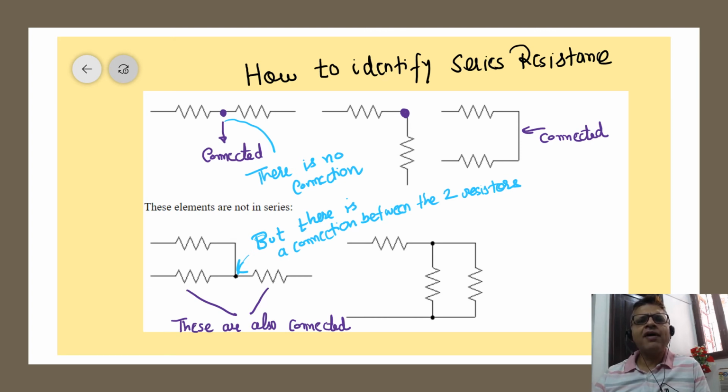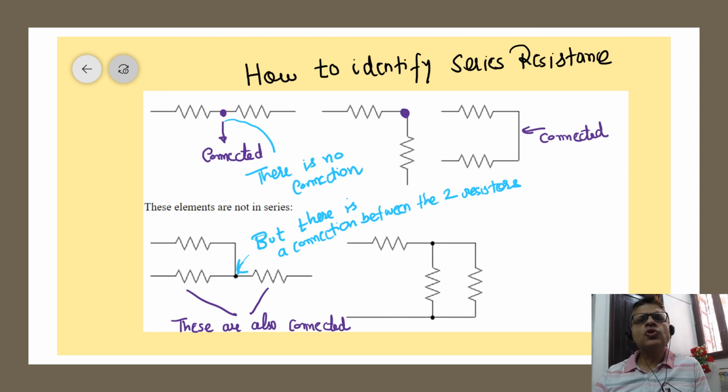So whenever you have an extra connection coming out of the point of attachment of the two resistors, it is not a series resistor. But if the resistors are connected one after another, and at the point of connection there is no extra connection emerging out or entering, we can be very certain that the resistors are in series.